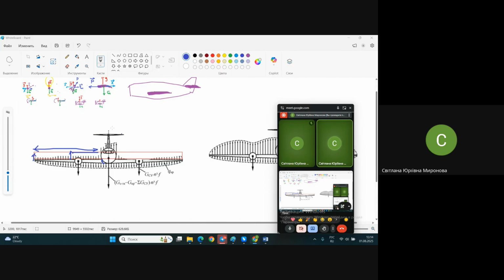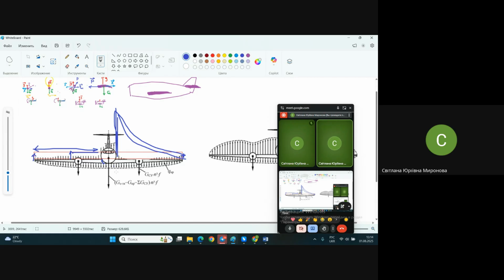And the load in the view of bending moment is approximately like this distributed. It sharply rises toward the place where you have the cantilever wing fixed.